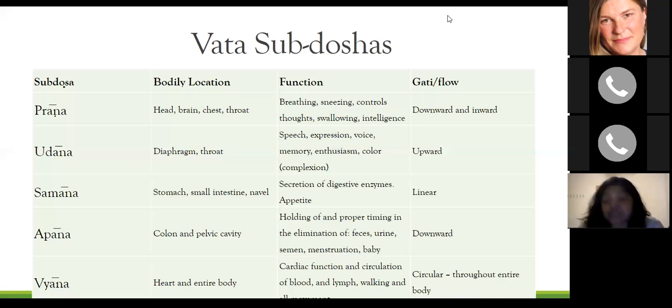Okay, and the reason is, you would think, what does that have to do with increased or decreased peristalsis? Because again, the samanavata is responsible for igniting the agni, for maintaining the strength of the agni or the strength of your appetite, basically.